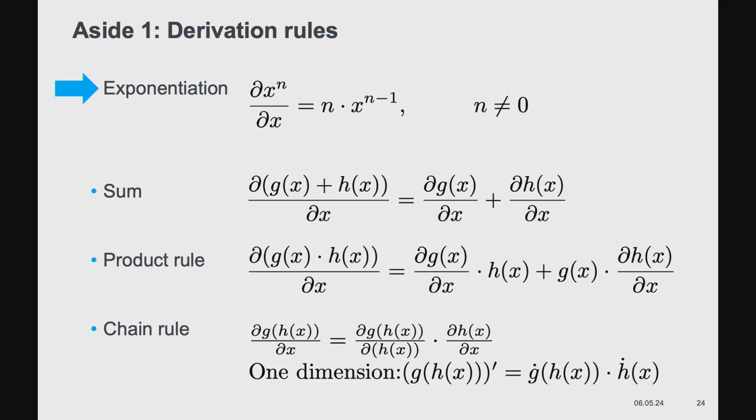Instead of h of x, I write a value z, and this would be the same. And quite often, when you have one dimension, it's clear and you just write a prime or these dots as alternative notations when the dimension is clear. For example, people like to do this in physics, where often you derive according to time and not to space.